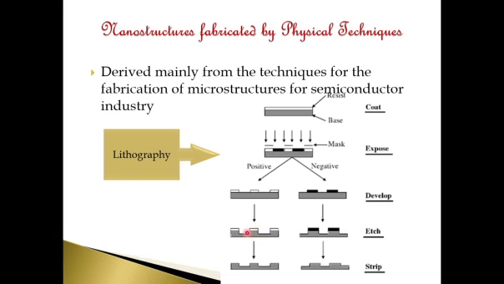Etching happens where there is no resist. And finally, what is the process done? Stripping is done. So what happens? Whatever be the shape of the mask, as such is imprinted onto the base substrate, and hence such a development is called positive development.